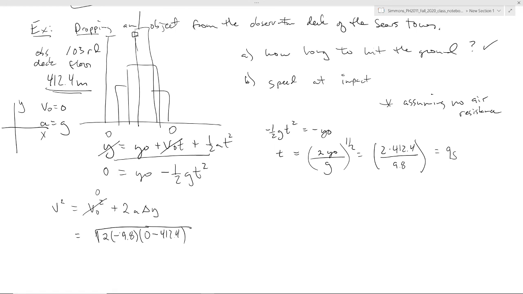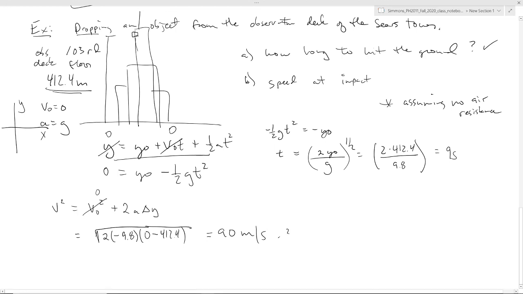So we have to be careful and make sure that our negative signs track. And so this would give us, when we crunch the numbers, this is 90 meters per second. So this is a little bit difficult to interpret. Let's convert our units to something more familiar.